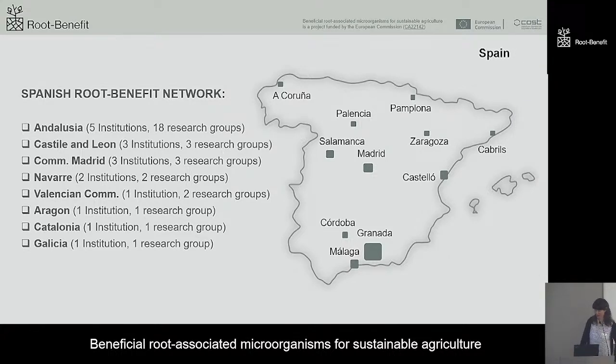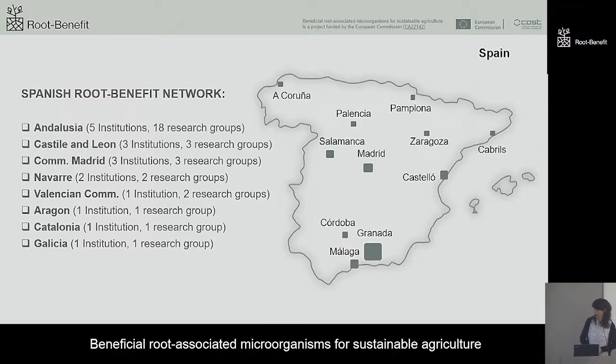Hello everyone, my name is Estíbaliz Larrainzar and I am representing the research related to this Action in Spain. As you can see, this topic is quite studied in Spain, and we have institutions all over the country.